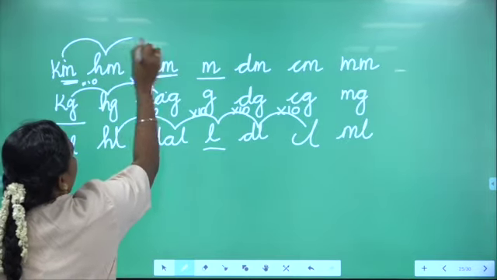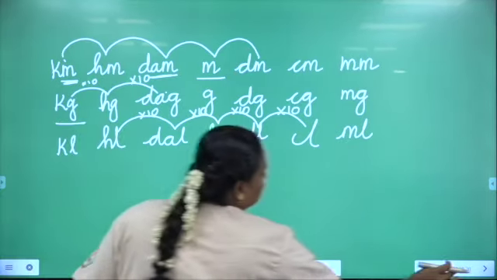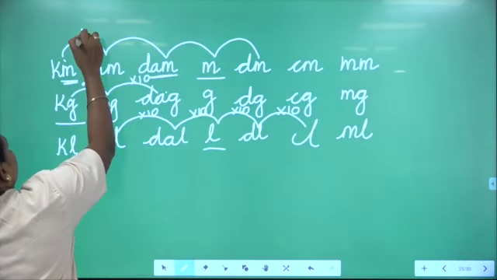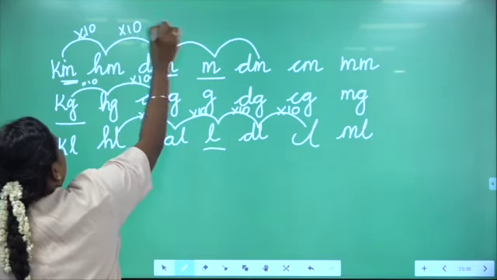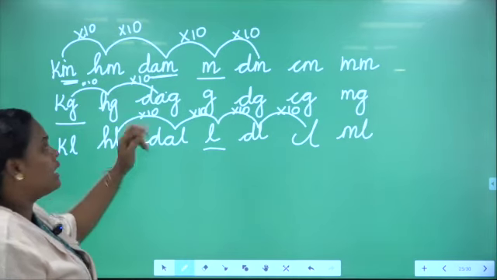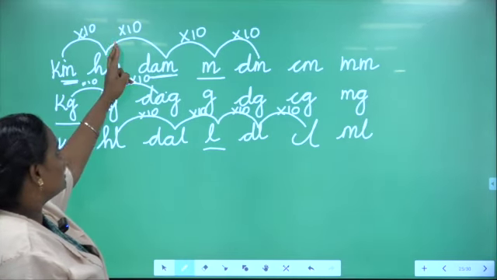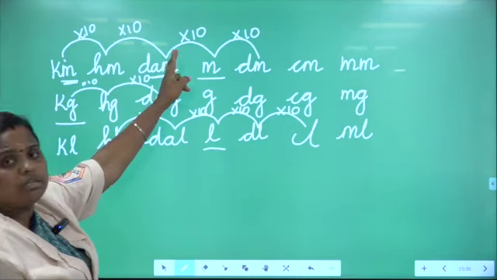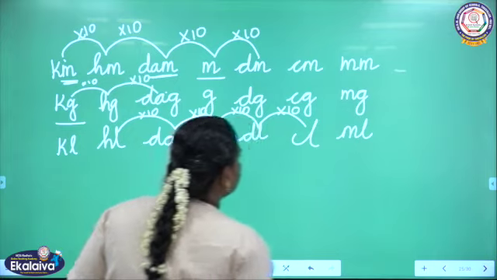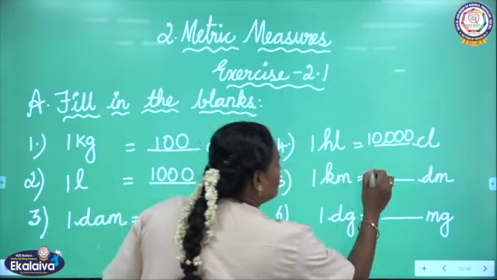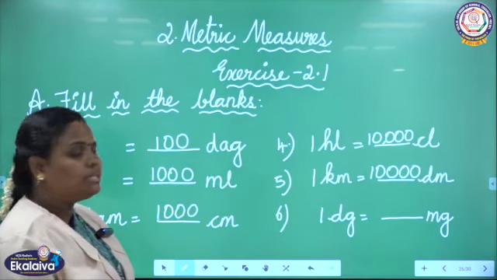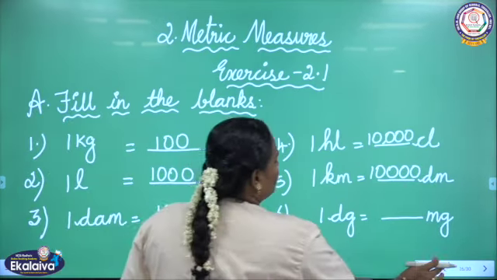So 10 into 10 is 100, 100 into 10 is 1000, 1000 into 10 is 10,000. So 1 kilometer equal to how many decimeter, children? 10,000 decimeter.